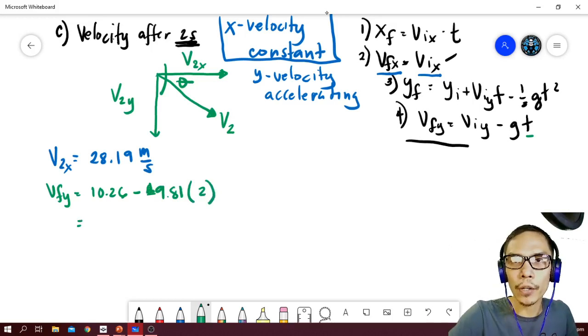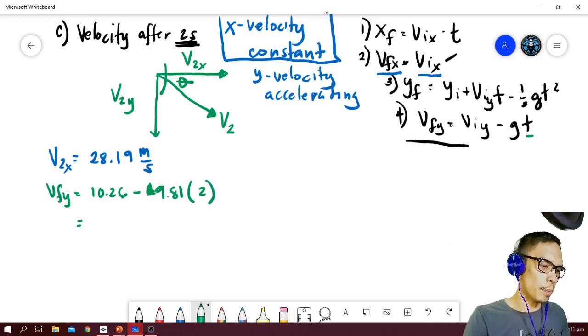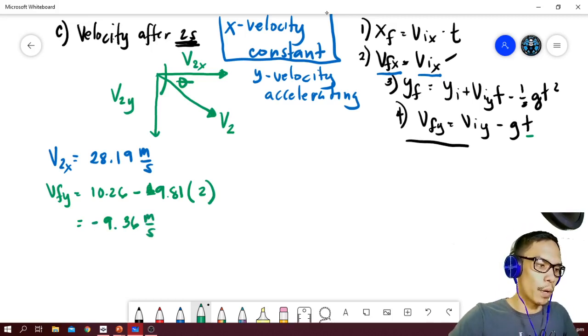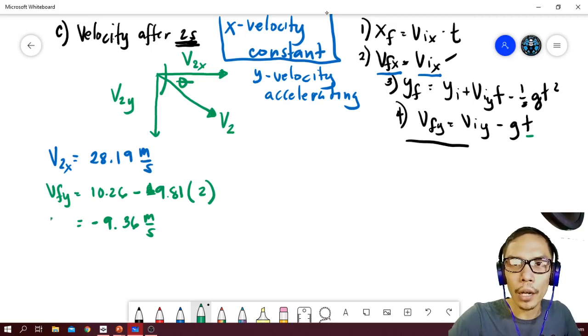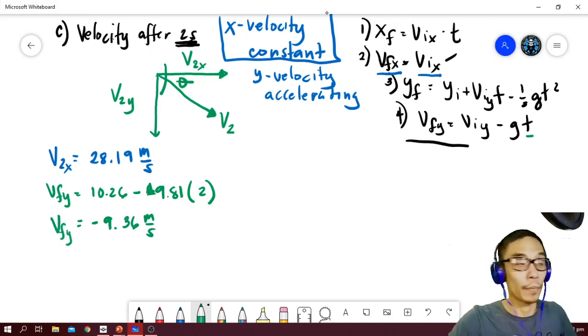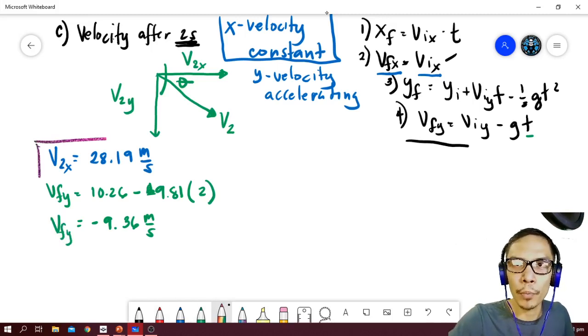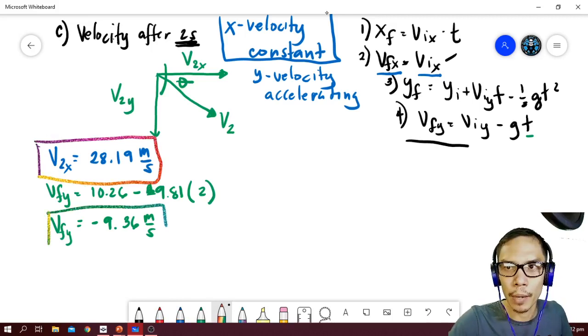If you do the math correctly, your V sub fy will be negative 9.36 meters per second. Now, how do we know that this is correct? So let's put these important numbers inside the box.